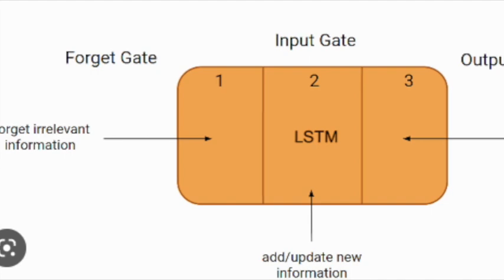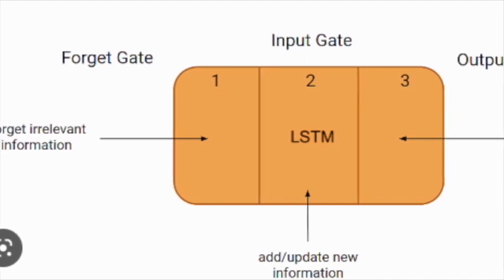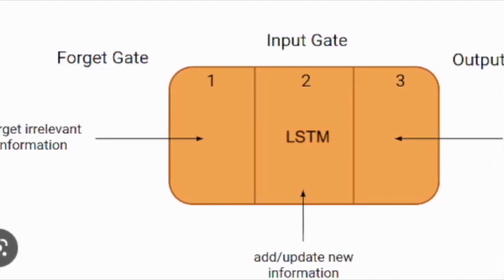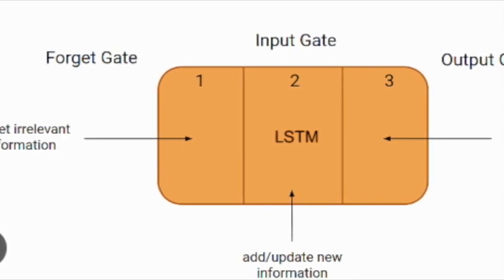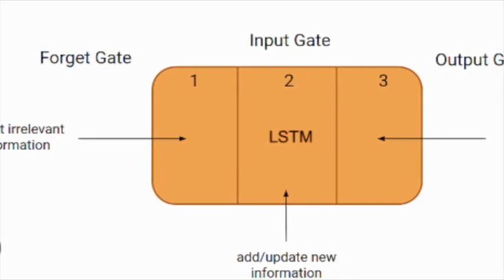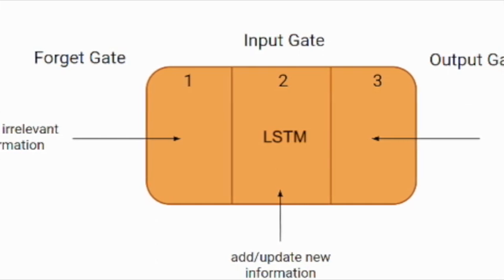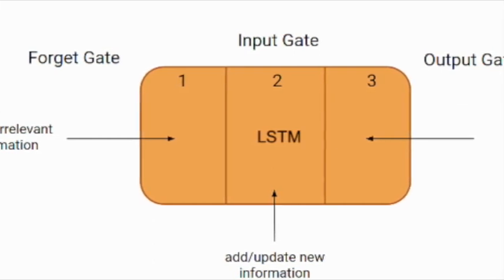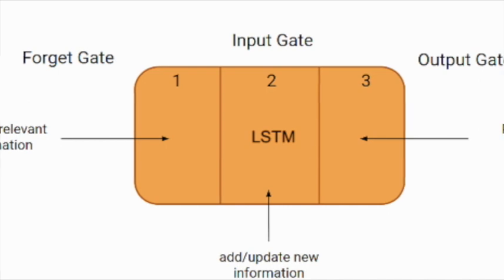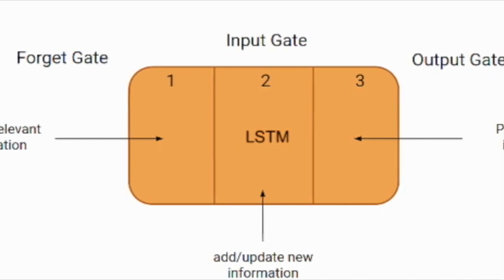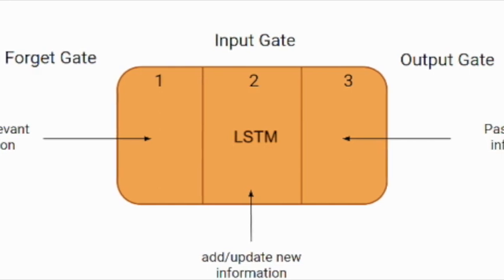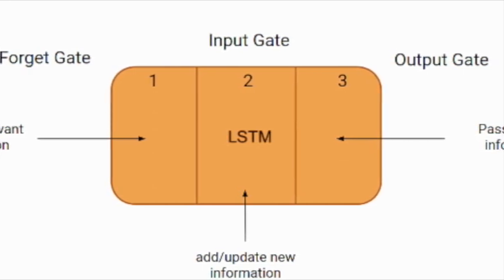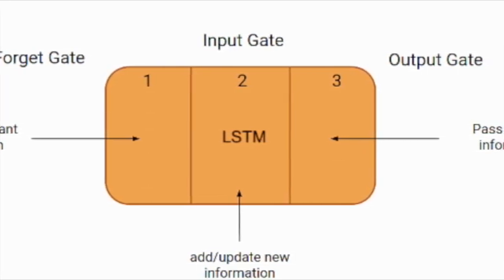As we know that the memory cell is the core of LSTM architecture and is responsible for storing information over time. It also allows the network to maintain a form of memory or context that enables it to make predictions or decisions based on the previous inputs. The memory cell can selectively retain or discard information from being inputs using input gate, output gate, and forget gate.